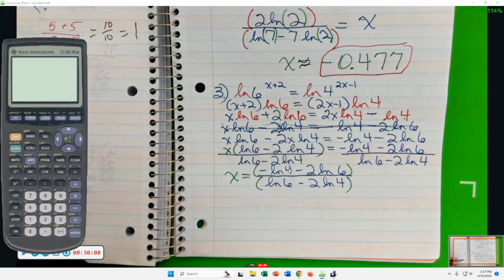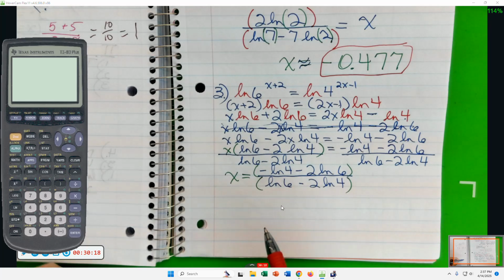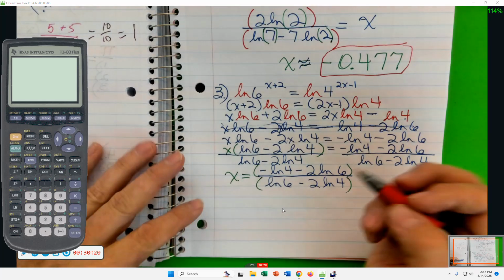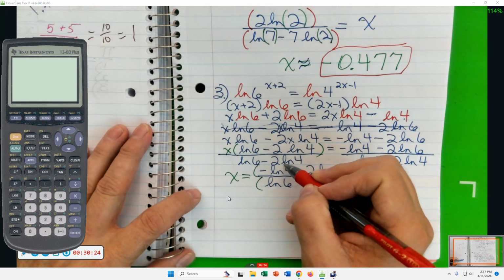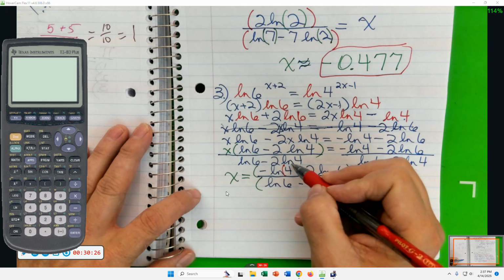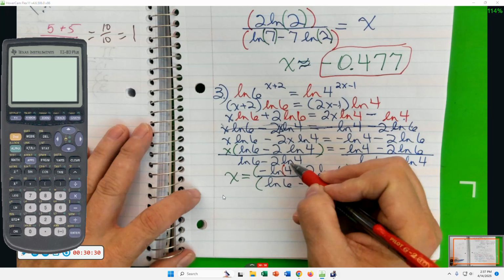And what I would say is 3 numbers on top, 1, 2, 3, 3 numbers on the bottom. You better have parentheses around the top and the bottom. But there's a lot more parentheses. When we press that ln, it's going to open a parenthesis, so we have to close it.